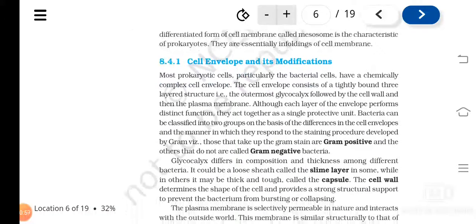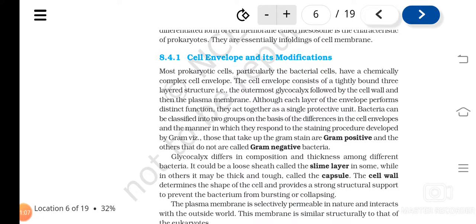Now let's see the cell envelopes and their modification in the prokaryotic cell. In most of the prokaryotic cells, there is a tightly bound three-layered envelope, which protects the bacterial or prokaryotic cell.